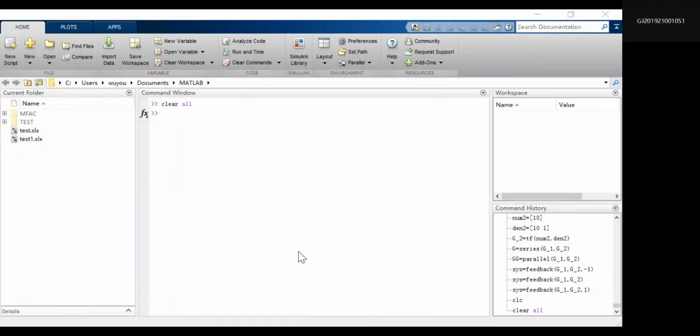And first, we need to draw the block diagram for the system, and then decide which input we need to use. Then this and this are, you see the S here. S means Laplace transform, right?